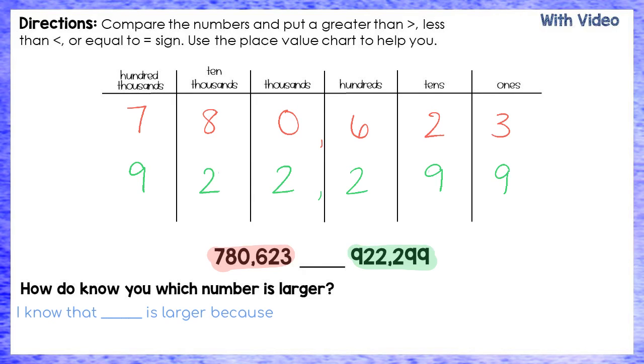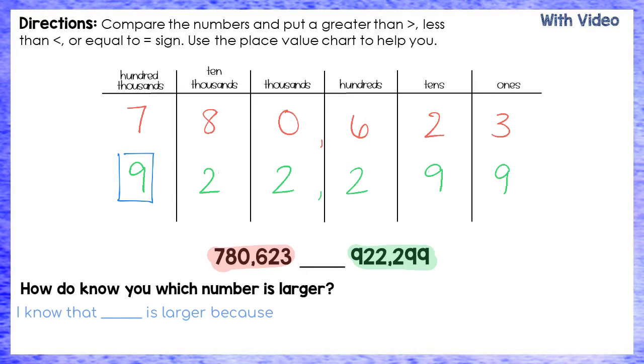So now we need to start comparing in the largest place. If we are looking in the 100,000s, which is the largest place, is 700,000 larger or is 900,000 larger? 900,000 is larger.